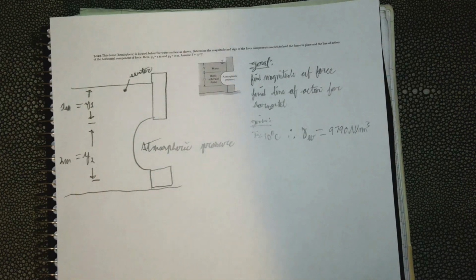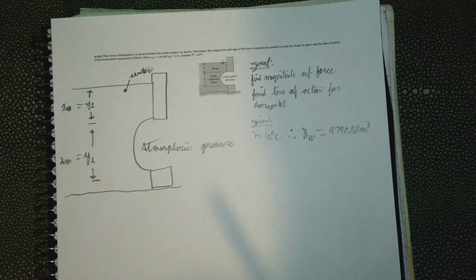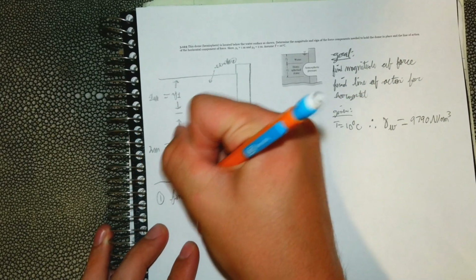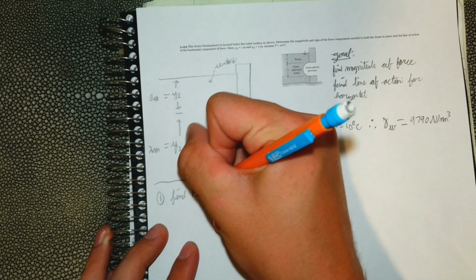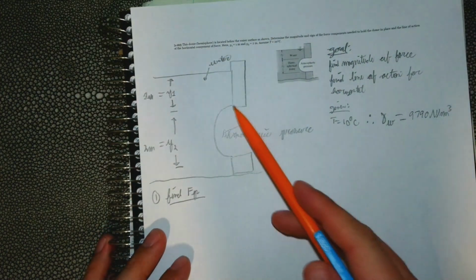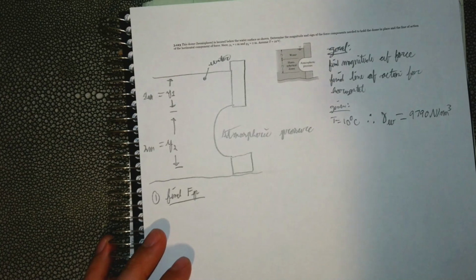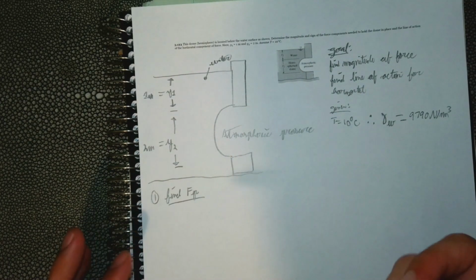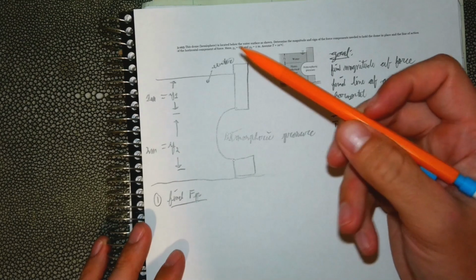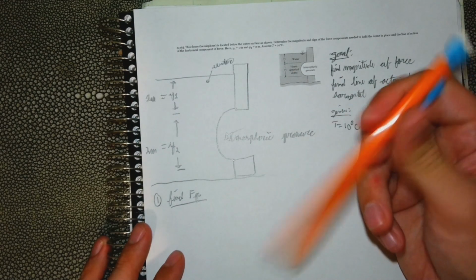Okay, so let's try to find the magnitude of force, so the FP. Step one, find the pressure force. When dealing with these curved panels, you have to break it up into the horizontal and vertical components.